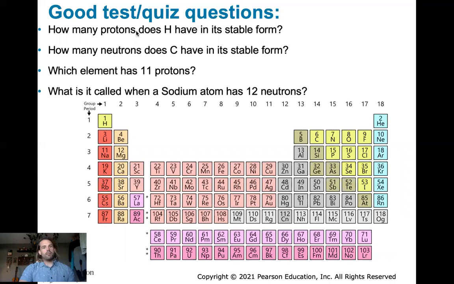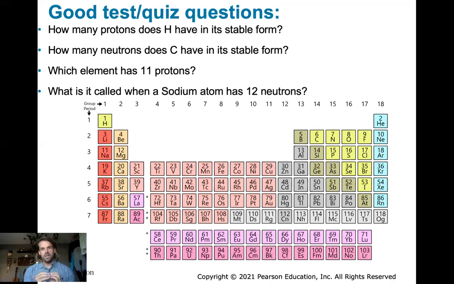So, for example, how many protons does hydrogen have in its stable form? I could ask you that question, and all you'd have to do is look at the mass number, and you say, okay, 1 means that it has 1 proton. Hydrogen has 1 proton. How many neutrons does C, meaning carbon, have in its stable form? You go over to carbon here, C6. You know that in a stable element, neutrons and protons are evenly counted, or matched.